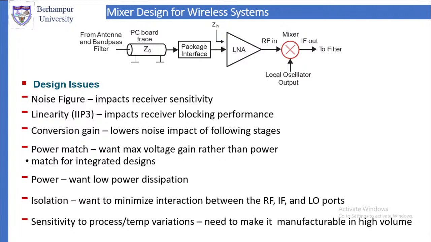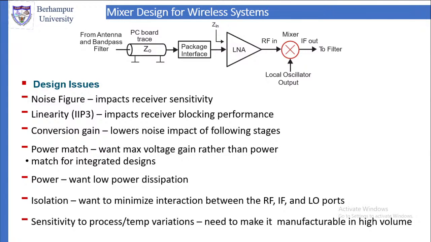Conversion gain lowers the noise impact of the following stage. This is usually called the voltage conversion gain also. Then power match, because you want maximum voltage gain, therefore you want power to be properly matched between stages. So we want maximum voltage gain rather than power match for integrated design.